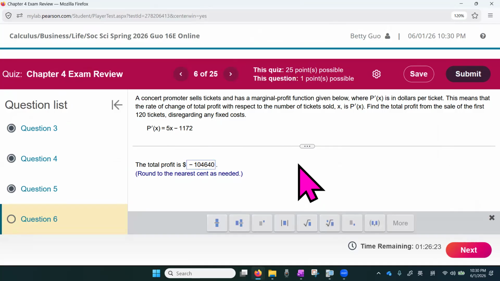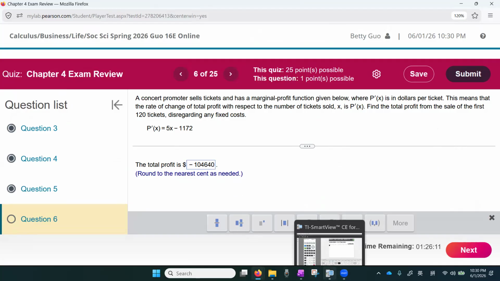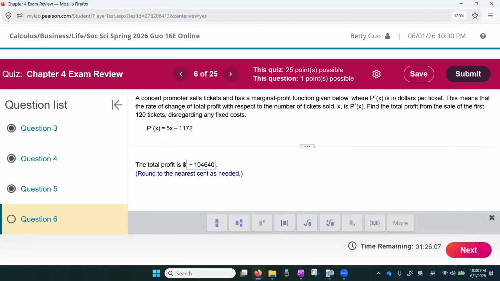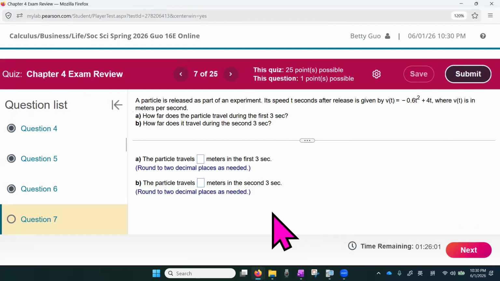Okay. You double check the unit. Total profit in dollars, right? This is in dollars per ticket. Negative 104,640 dollars. All right. Next, question number 7.